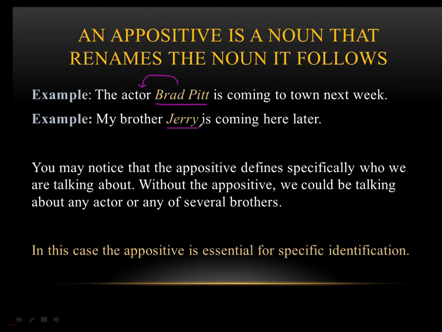If I don't have that, I may not know which brother I'm talking about, especially if I have multiple brothers. Many times the appositive is critical to identify specifically who we're talking about, and sometimes it isn't. And that's what we have to learn to do today, is to make that decision, because that's going to determine where we put our commas in the sentence.